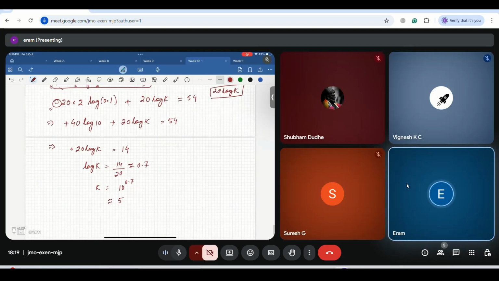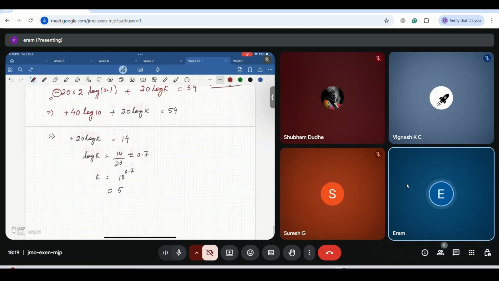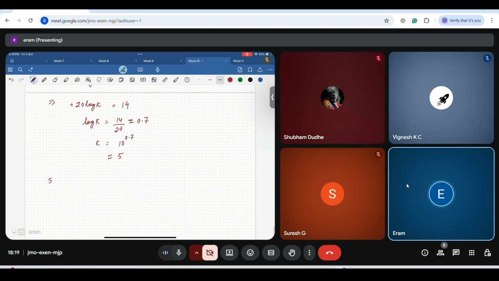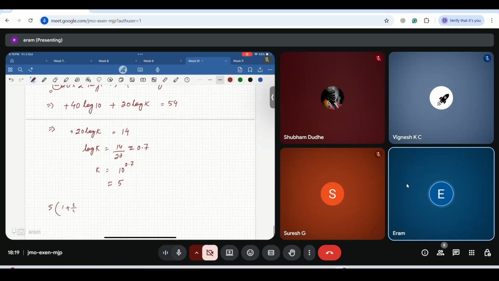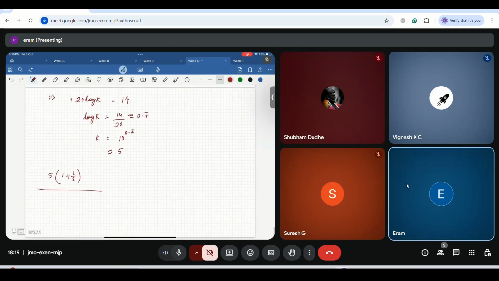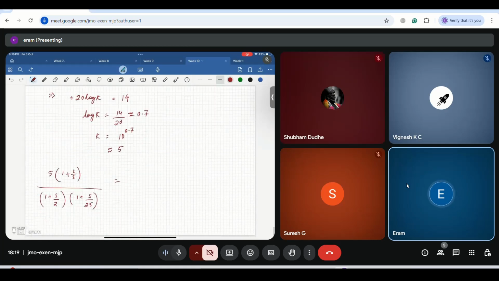Okay. So your final transfer function will be equal to 5 into (1 plus s by 5), (1 plus s by 2), and (1 plus s by 25). So many times you will see options where these are written like this.